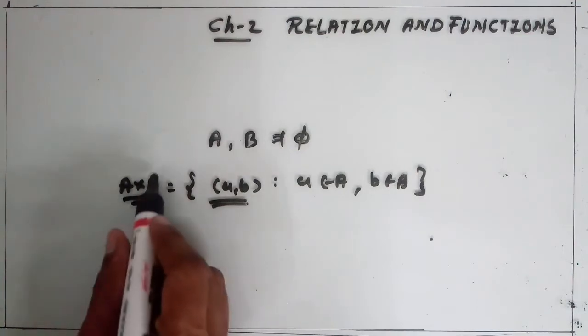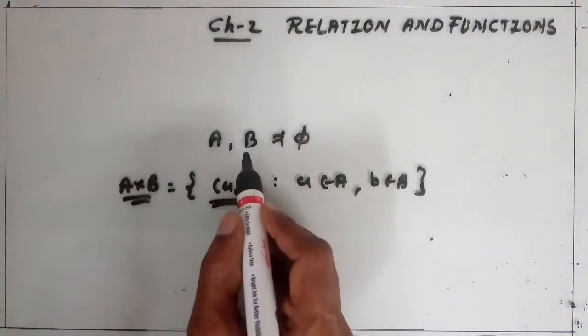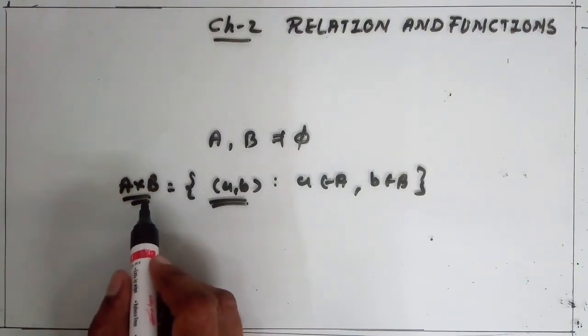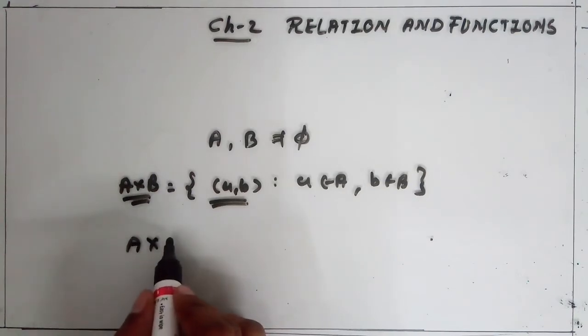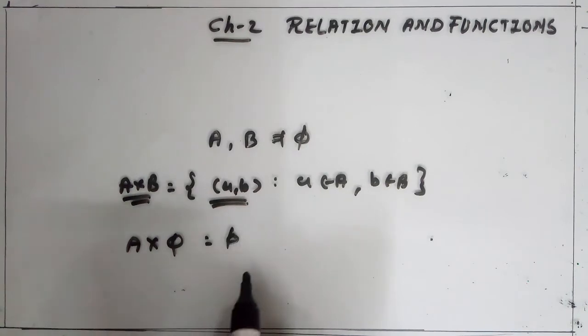Here the first set is A and the second set is B. The condition is only that A and B are never null sets, then the cross product is defined. Like if A cross B is taken with a null set, then there is no ordered pair, so this becomes a null set. Clear?